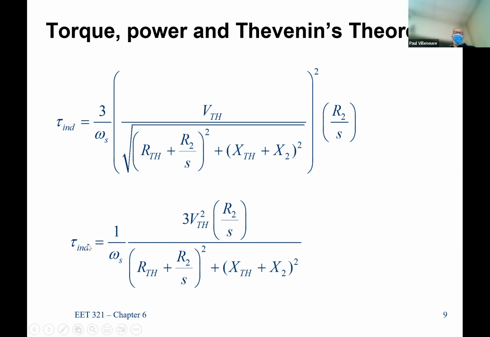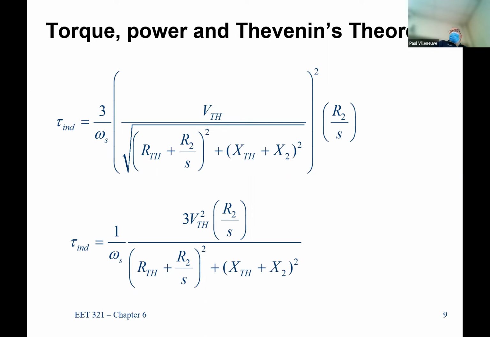Because look how my induced torque gets impacted. As I change that value of voltage, it impacts the actual torque by the square of that value. So a 10% change in voltage is going to reduce the torque by that much, right?